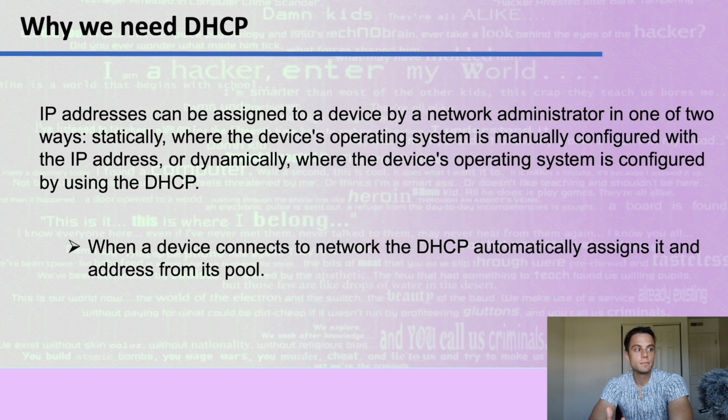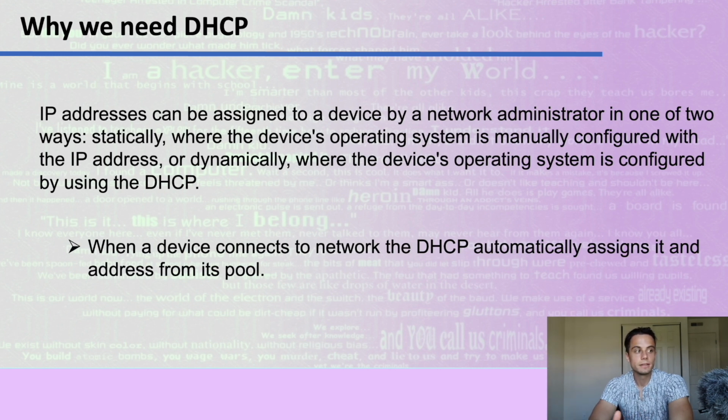When we use DHCP, as soon as a device first connects to a network, it is automatically allocated an IP address by the DHCP service, and this IP address is taken from a predefined pool.